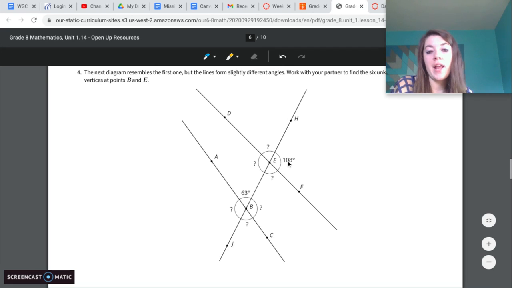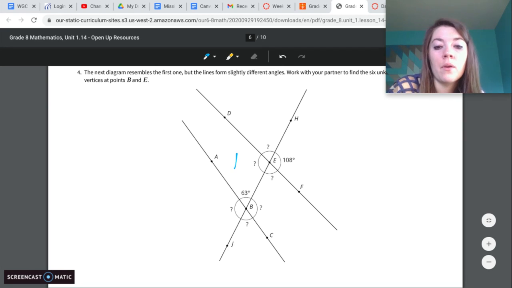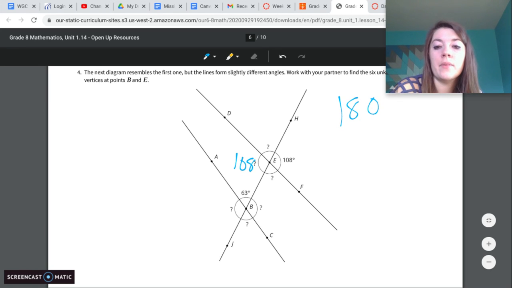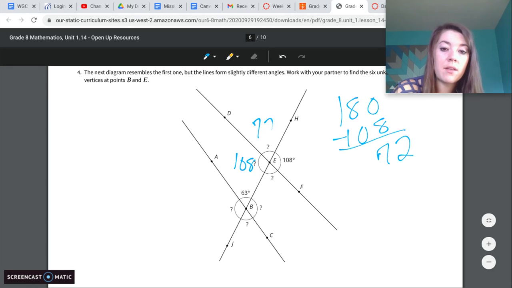So here we have 108, which means this angle over here is also going to be 108. So then to solve for this angle over here, we want to take 180 minus 108, which is going to give us 72. So this angle here is 72, which means the angle across from it's also 72.